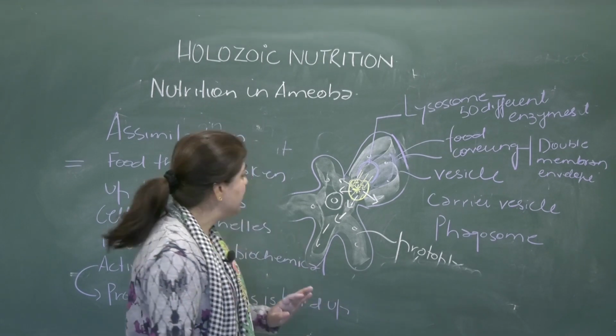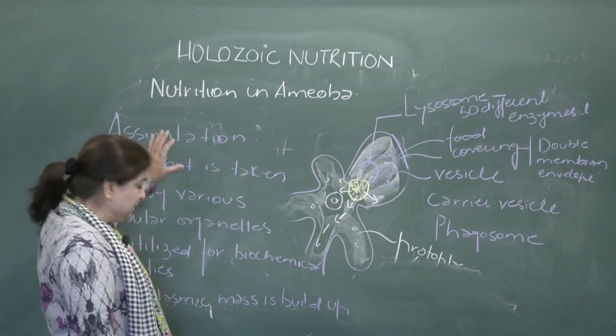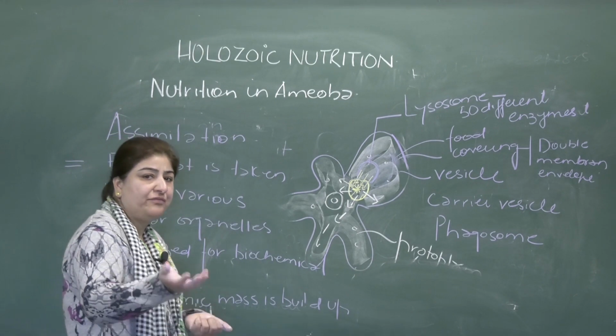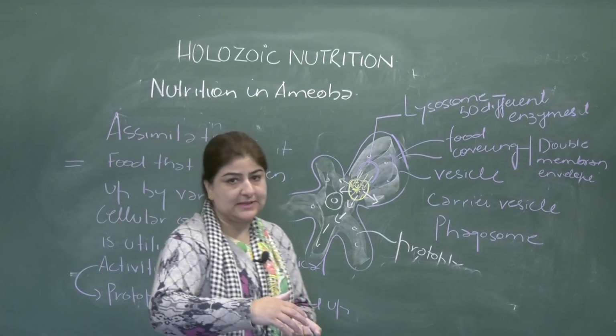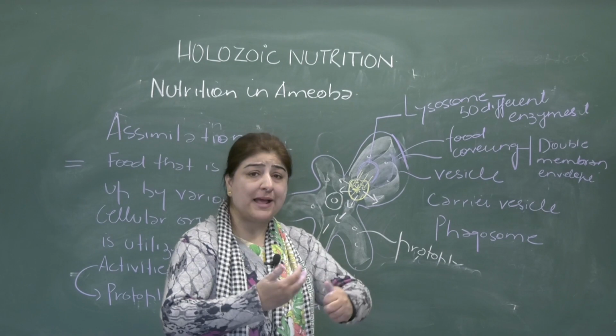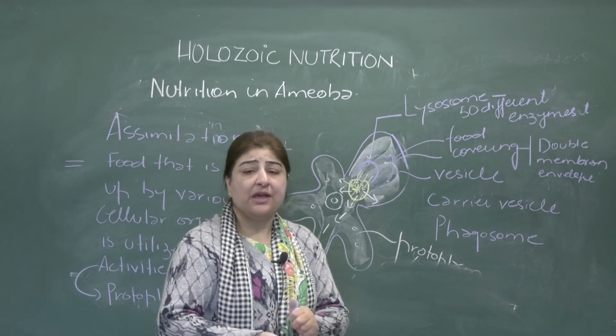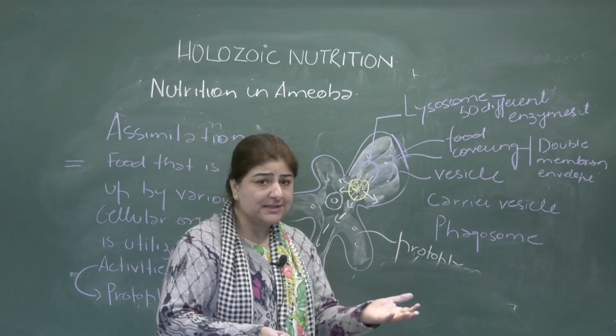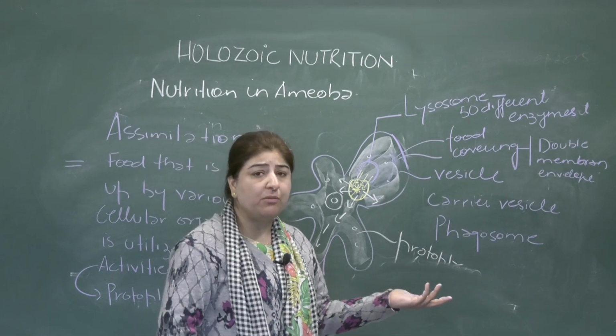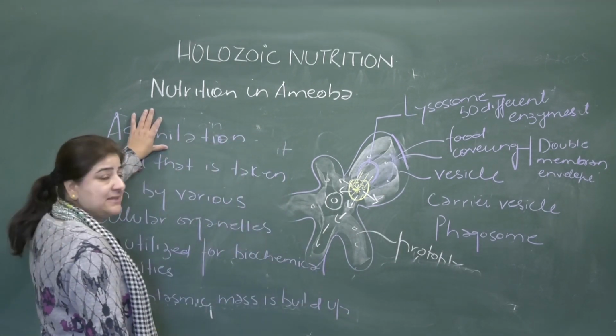In simpler terms, assimilation is basically the building up of the constituents of the protoplasm. When various constituents of the protoplasm are synthesized with the help of the cellular organelles as they consume the simple form of food, that is termed assimilation.